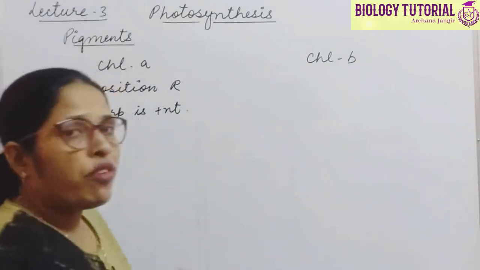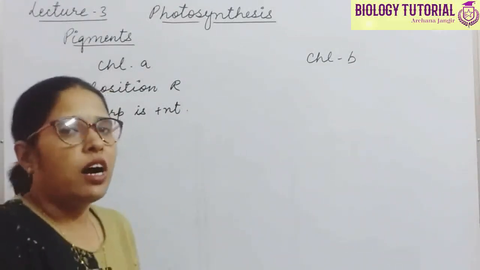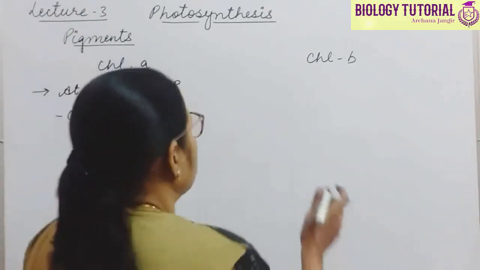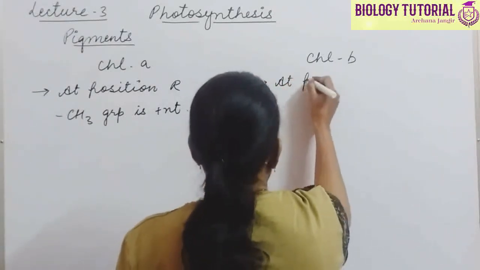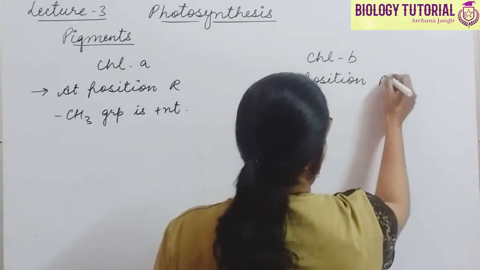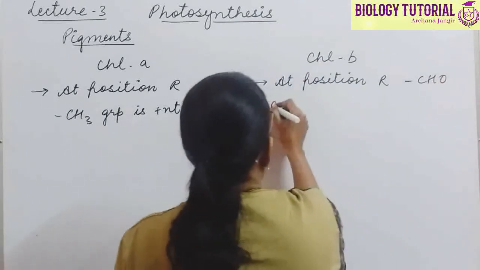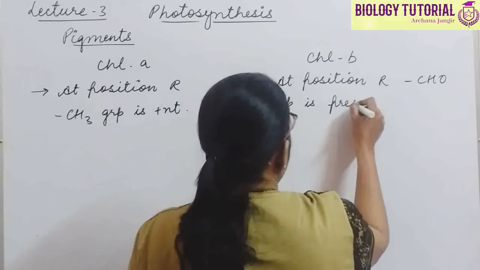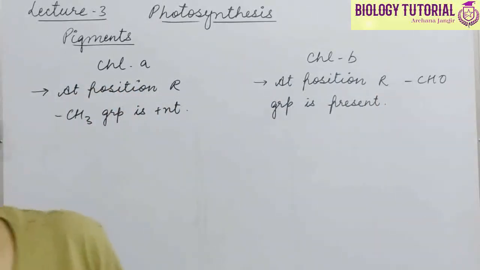In case of chlorophyll B, at the same position, that is position R, in place of methyl group, an aldehyde group is there. This is the one important difference between chlorophyll A and chlorophyll B.